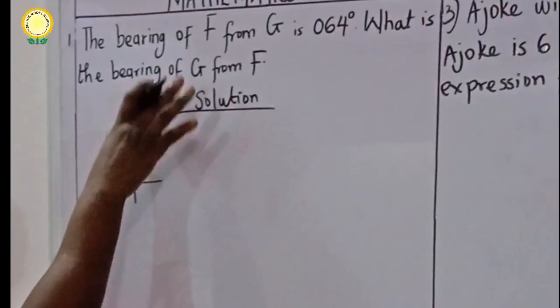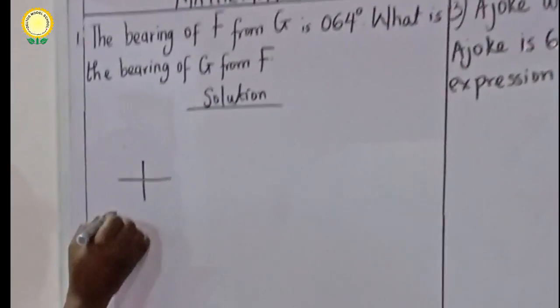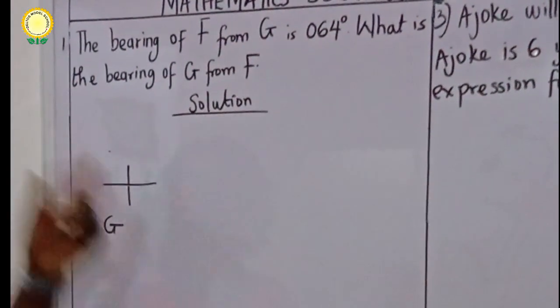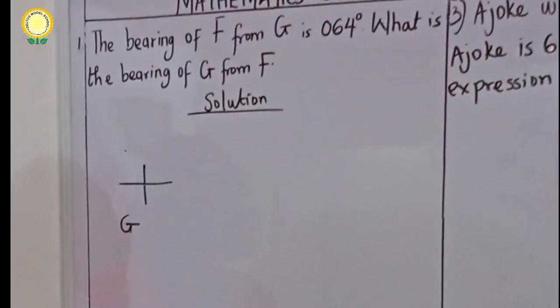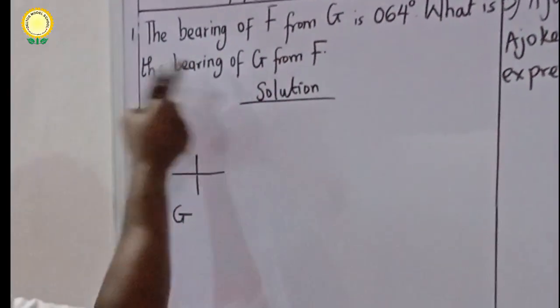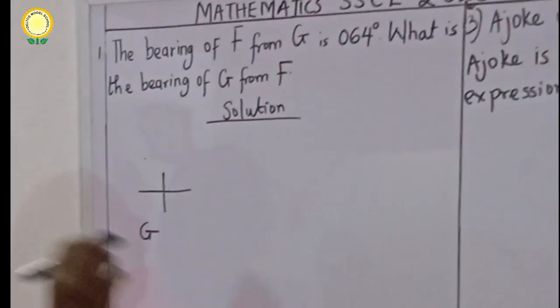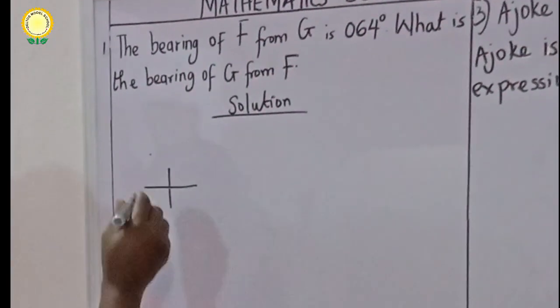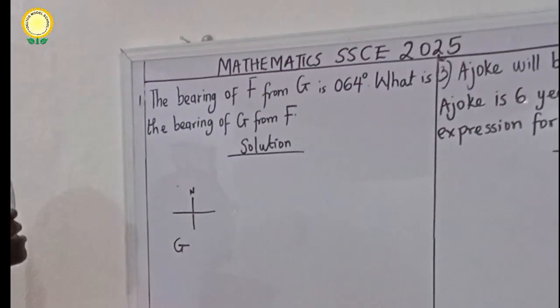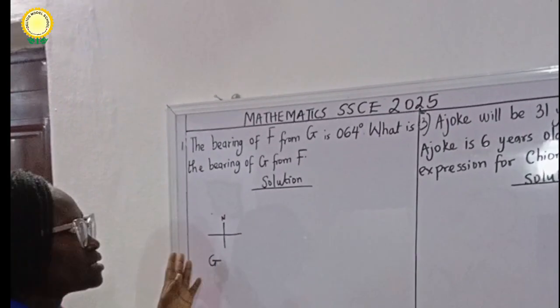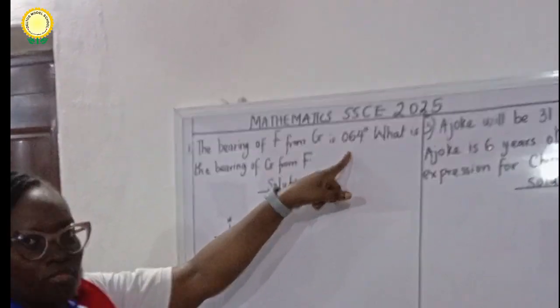We are told that the bearing of F from G, so the first point is going to be G. That is your location where you are taking the bearing from. The bearing of F from G is 064 degrees. Where are you going to start from? When it's not stated whether it's north, south, east, or west, you will start from north.